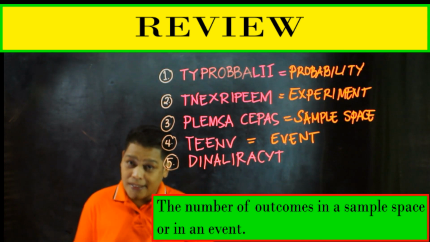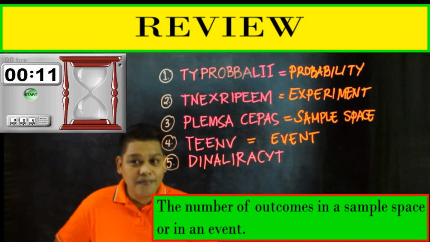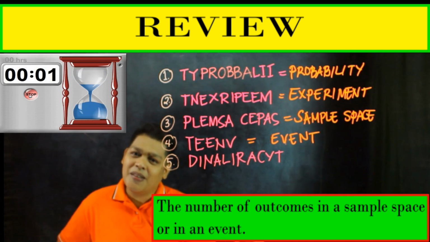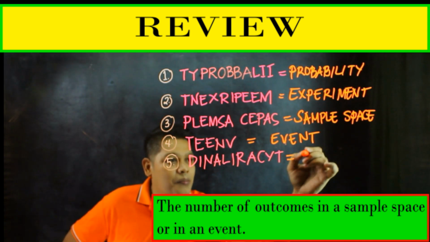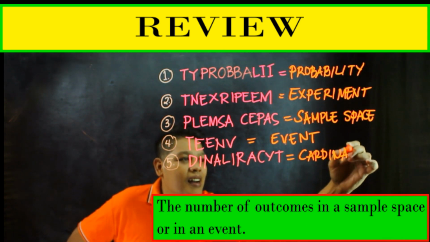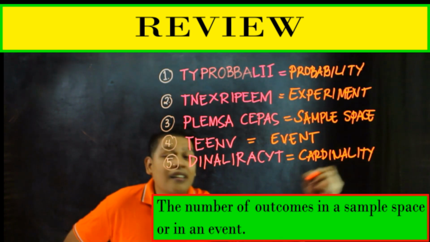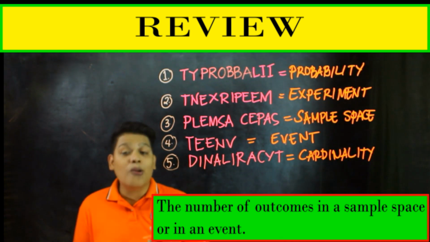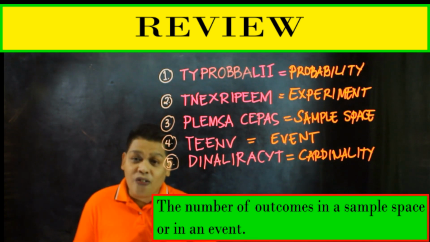So 5 seconds. Okay, so the answer will be cardinality. So this is the number of outcomes in a sample space or in an event.